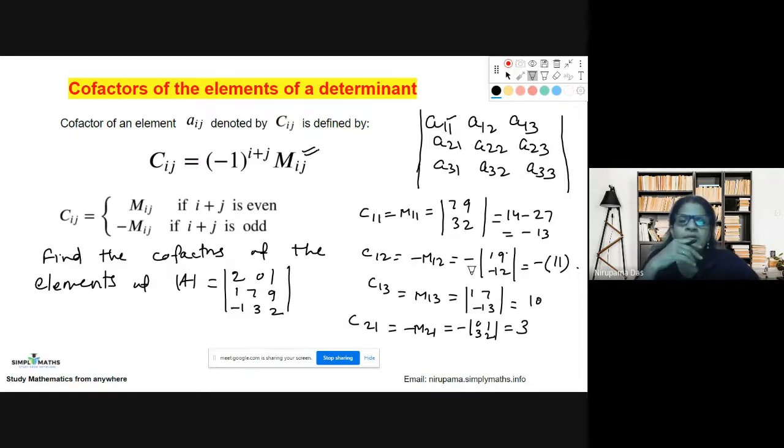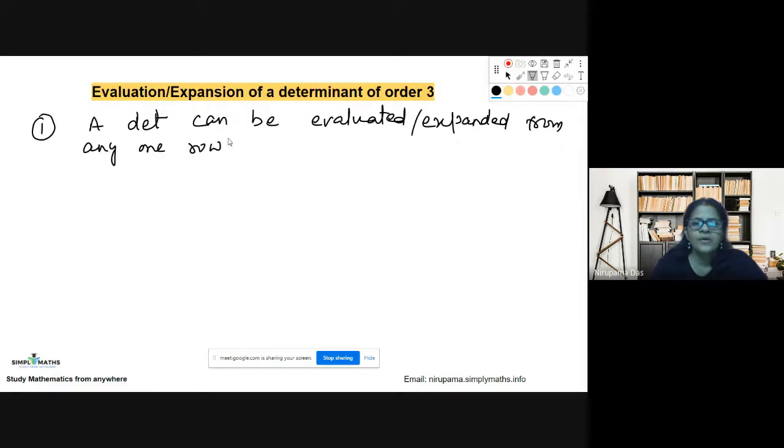Okay, after knowing minors and cofactors, then evaluation, expansion of a determinant of order 3. Okay, so determinant of order 3. The rule is a determinant can be evaluated, or you can say expanded, from any one row or column.